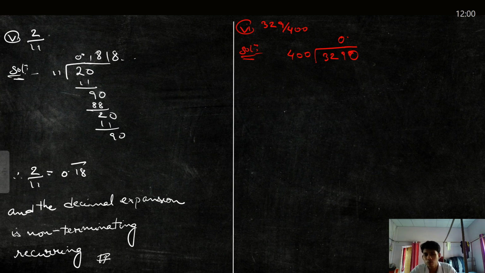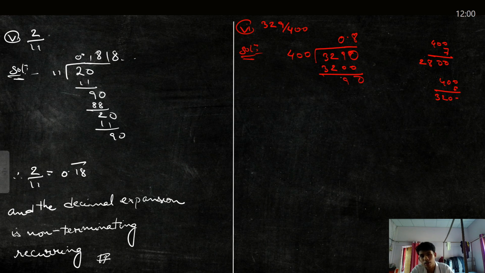What would be the nearest multiple of 400 to this? 4 8s are 32, so 400 times 8 is 3200, 400 times 7 would be 2800.